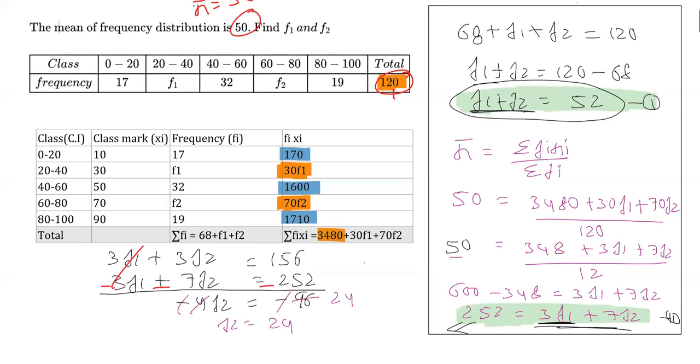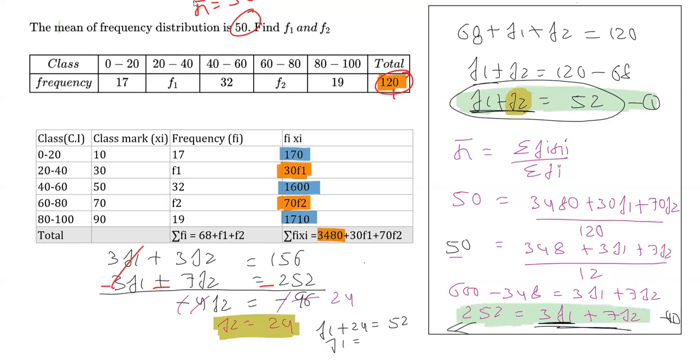Once we have the value of F2 as 24, next we place F2 as 24 in equation 1. That will give us the value of F1. So F1 plus 24 is equal to 52.